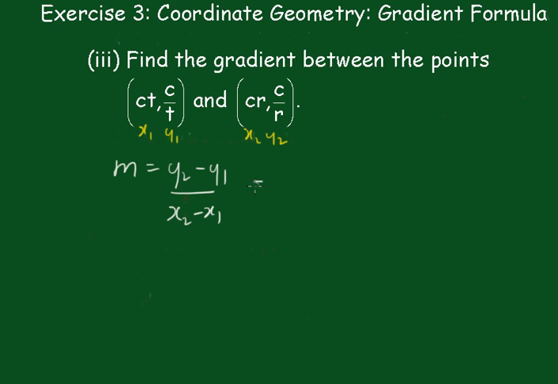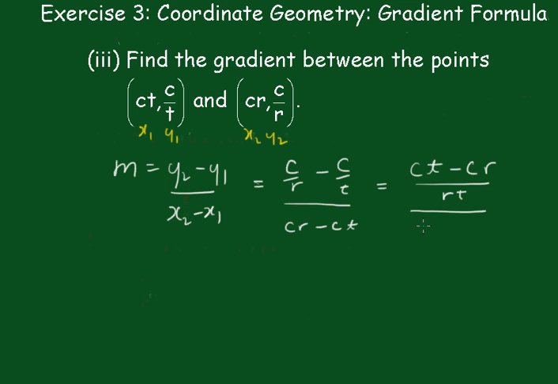Putting them in, now that becomes C over R minus C over T over CR minus CT. Okay, now this becomes CT minus CR all over RT, and this becomes CR minus CT.